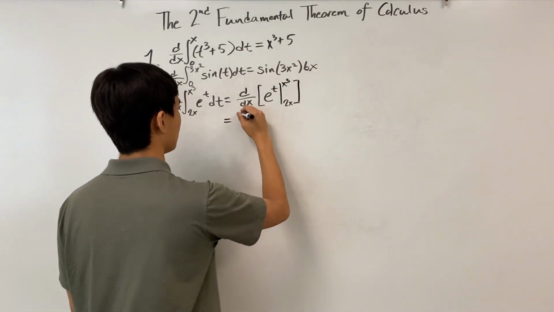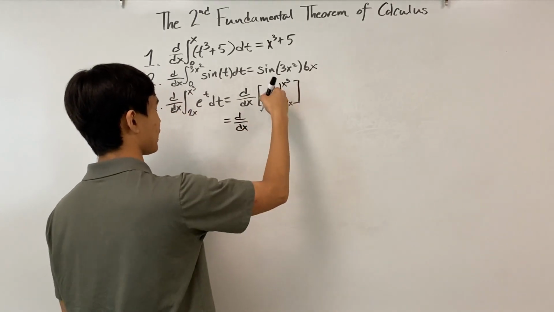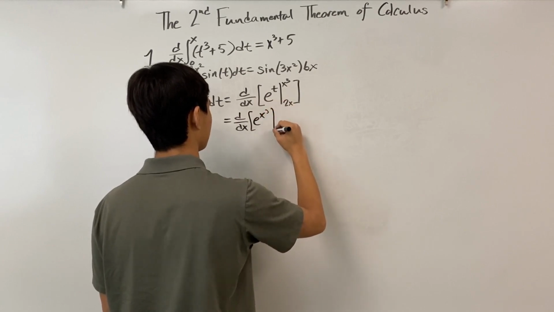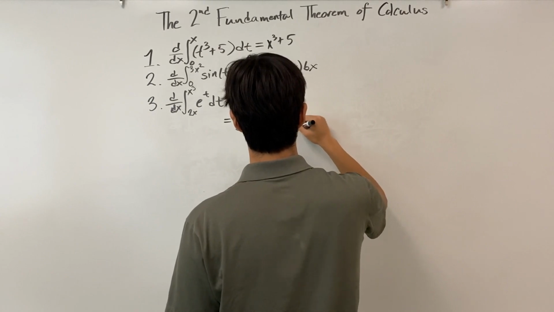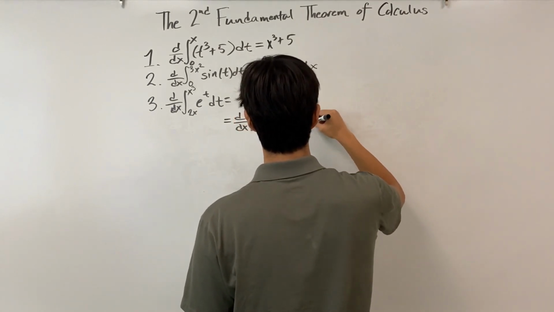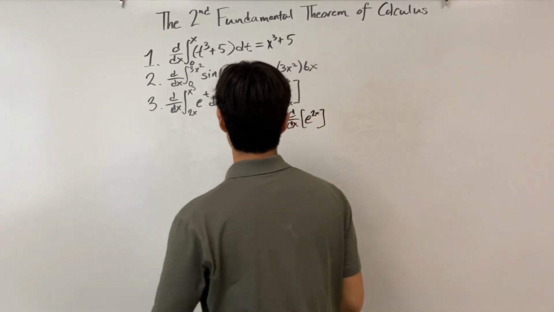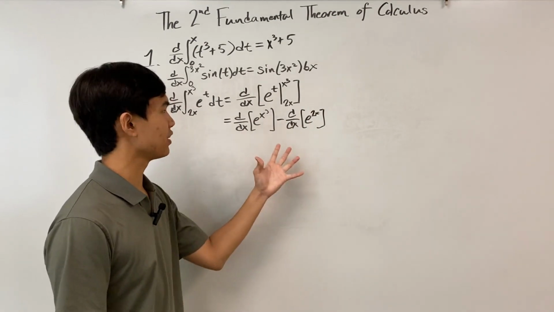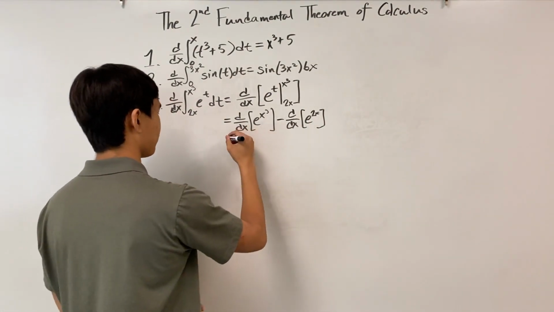And when we do this, if you plug in x cubed, we get the derivative of e to the x cubed minus the derivative of e to the, plug in 2x, that's e to the 2x. And then notice we use the chain rule on both of these now, since neither of them is a constant, so they don't go away.